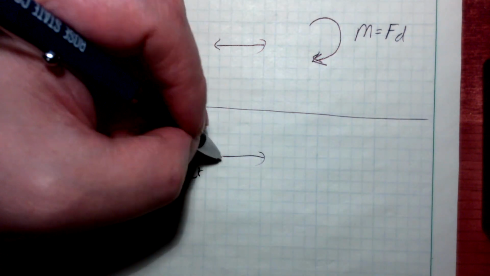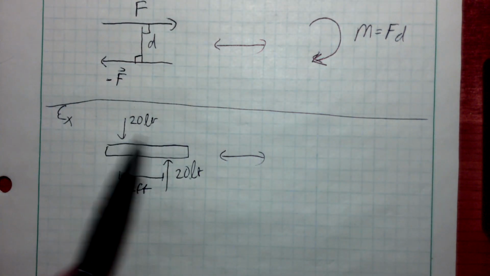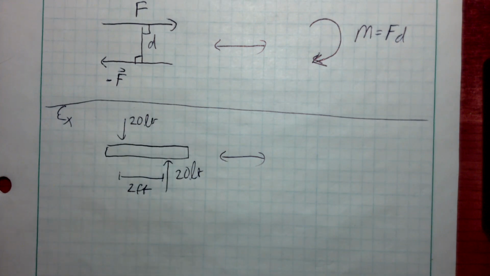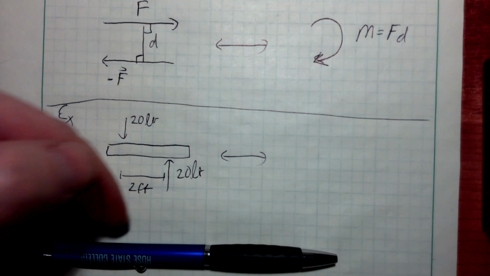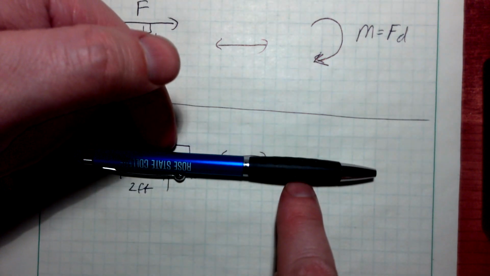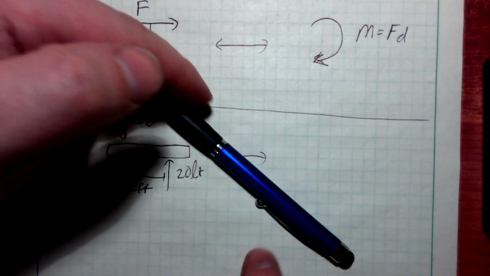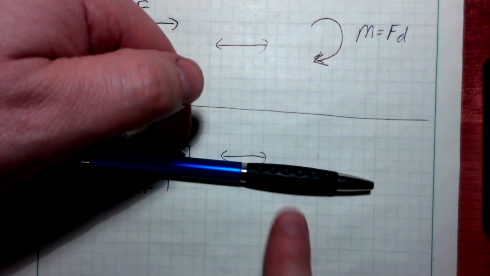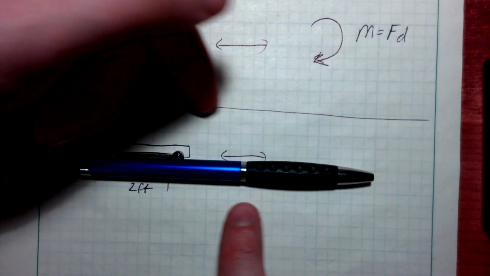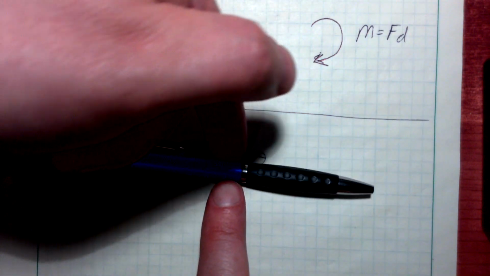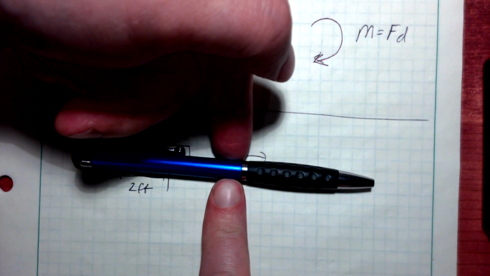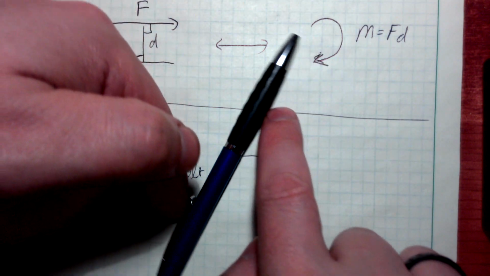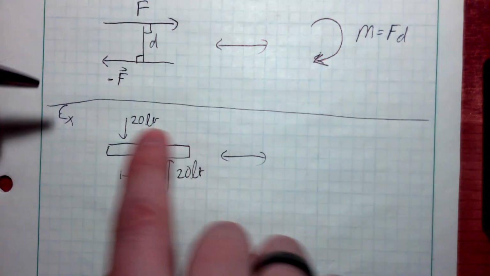If you look at this thing, it's just going to spin. As long as I apply the same amount of force here as I apply here, if I apply them right in line with each other, I can apply the same amount of force and the pin doesn't move. But if I apply them off-centered, the pin may not move, but I can get it to rotate. And that's what we're saying here.